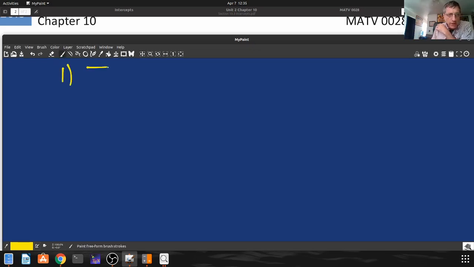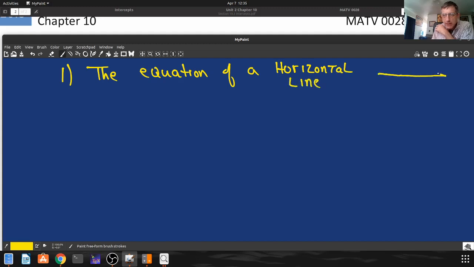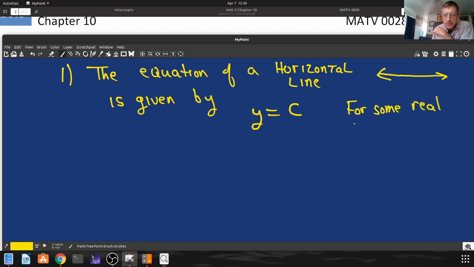So 1, the equation of a horizontal line, so think this way, a line that's flat, is given by, and I'm not going to write the whole thing, an equation that can be reduced to y is equal to c for some real number. And here I'm going to emphasize this is a constant.